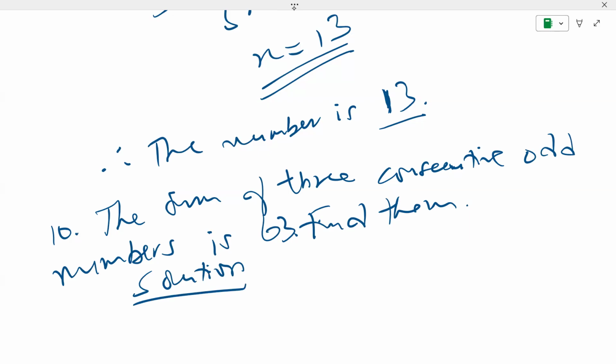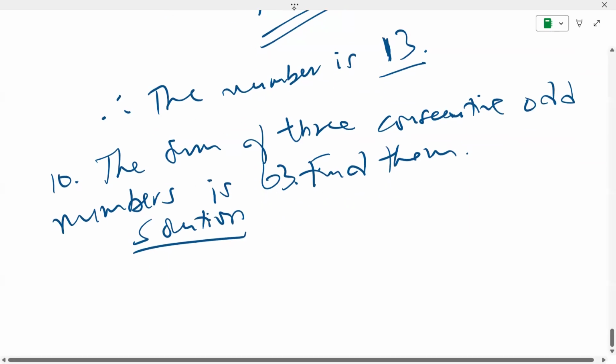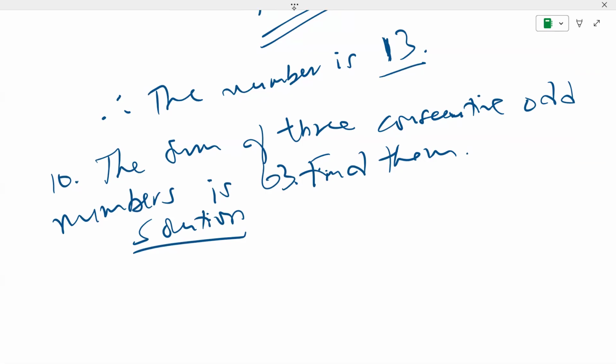So the sum of 3 consecutive odd numbers is 63. Find them.